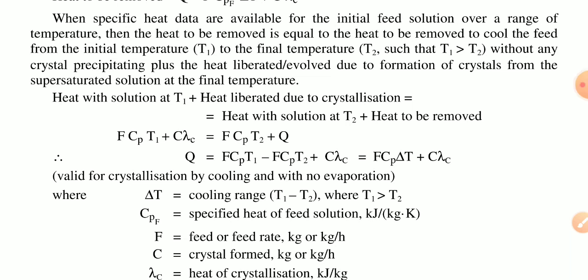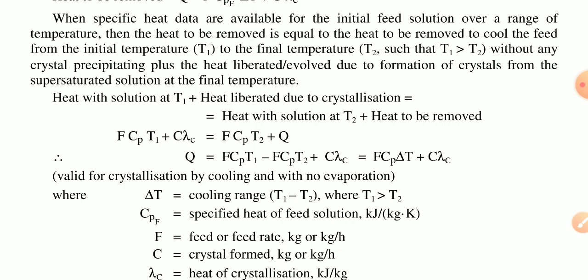When specific heat data are available for the initial feed solution over a range of temperature, the heat to be removed is equal to the heat to be removed to cool the feed from the initial temperature T1 to the final temperature T2, such that T1 is greater than T2, without any crystals precipitating, plus the heat liberated due to the formation of crystals from the supersaturated solution.